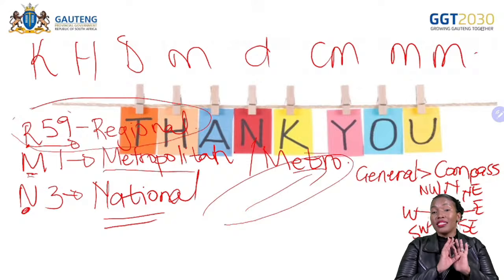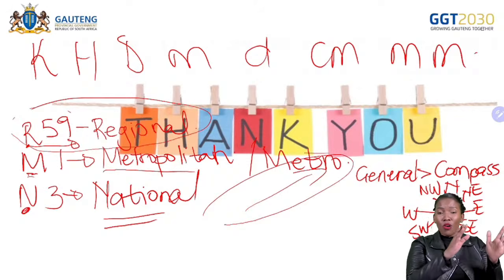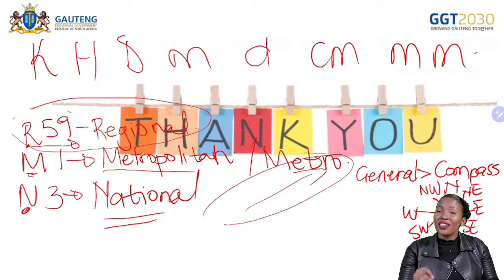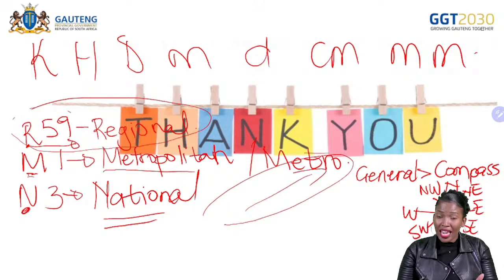And it doesn't matter how big the map is that you are working with. Even if it's just a small street map, when you are giving directions, mention the small streets that you are seeing there. Mention the landmarks. If there's a school, mention the school. If there's a church, mention it. If there's a police station, mention it. If you are giving directions inside an examination hall, mention the seat numbers that the person is going to pass.